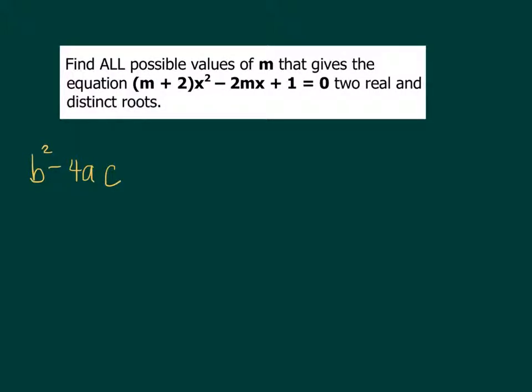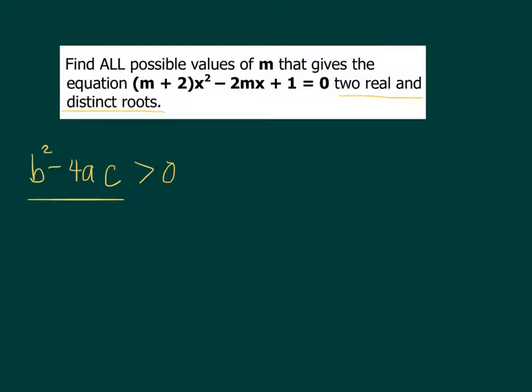Since the problem has stated that the quadratic equation has two real and distinct roots, we should know that b squared minus 4ac should be greater than 0. Because that's what we said: when the quadratic equation has two real roots, the discriminant is greater than 0.